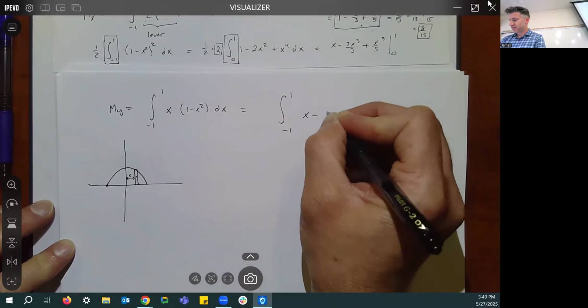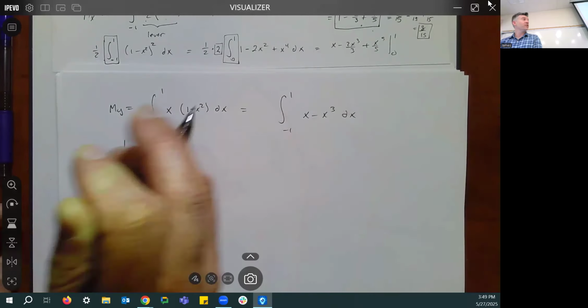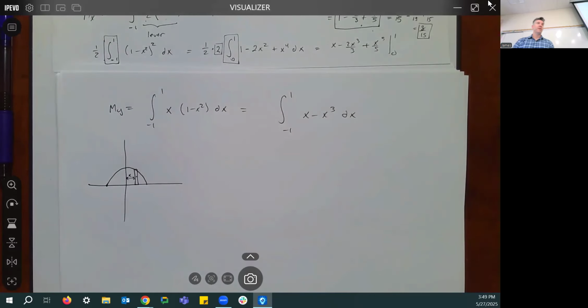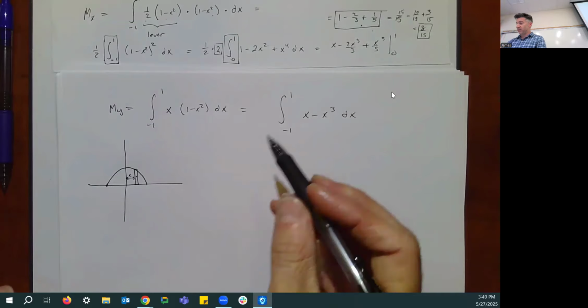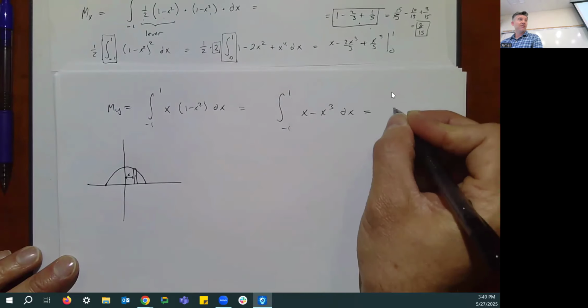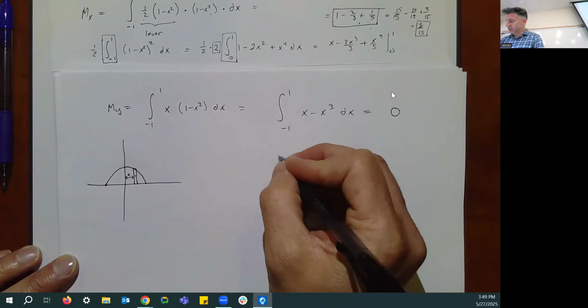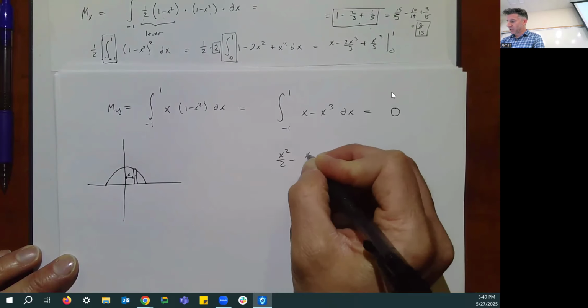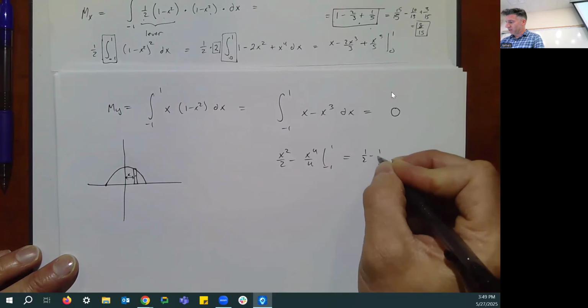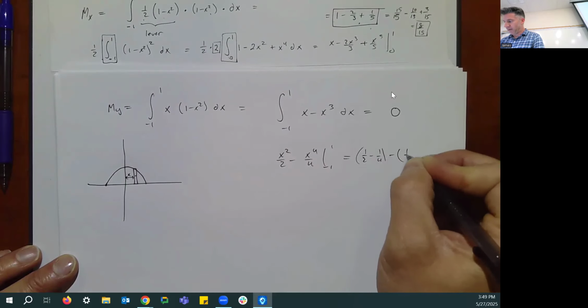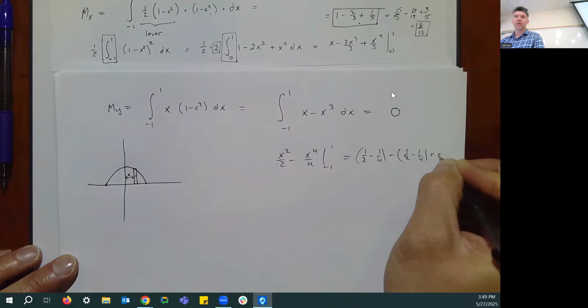That function isn't even, but it sure is odd. If you integrate from -5 to 5 of an odd function, or -2 to 2, or negative something to something, that should definitely be 0. And it is, right? If you integrate this, you get x squared over 2 minus x to the fourth over 4 from -1 to 1, which is 1/2 minus 1/4 minus 1/2 minus 1/4, which is 0.